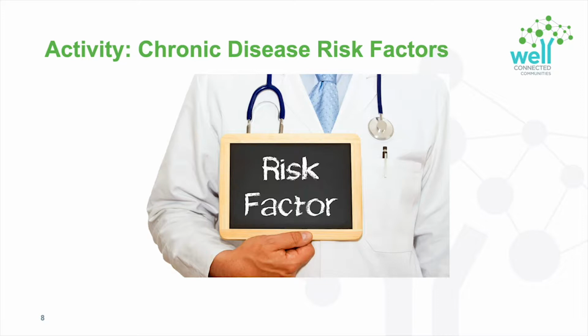To start, let's think about chronic disease risk factors. Take a few moments to jot down every chronic disease risk factor you can think of. When you're finished, take a look at your list and label each risk factor as something that can be changed or something that cannot be changed.